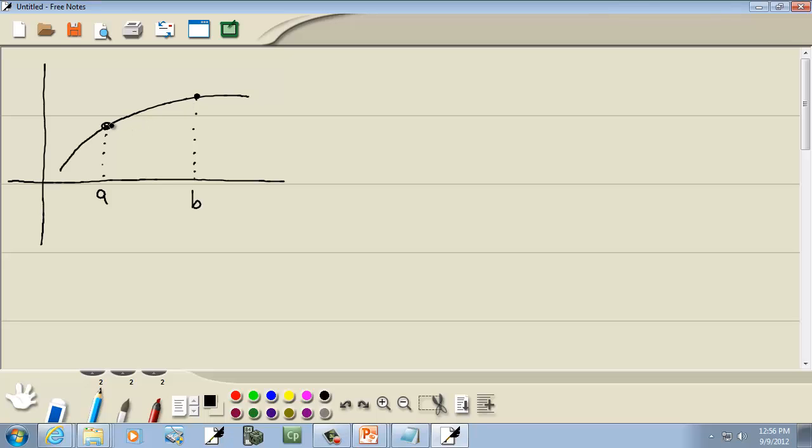If we're trying to find the rate of change between these, well, our rate of change is our change in y, and I'll put delta here for that, over the change in x.